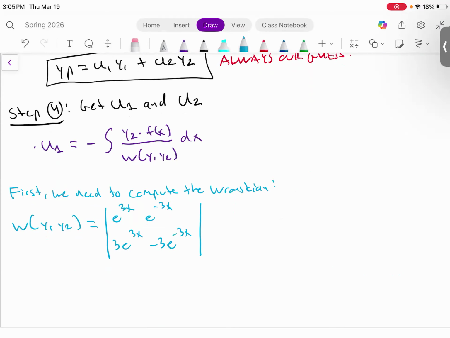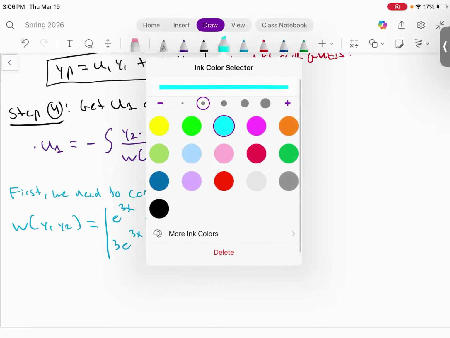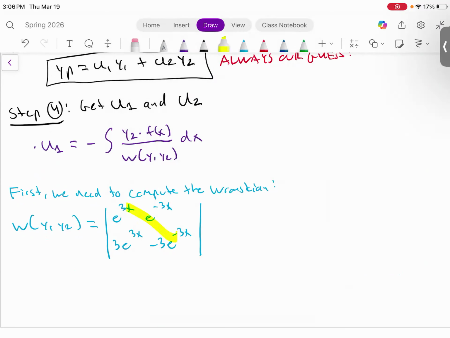Now it's the determinant, so we cross multiply and subtract. We'll do e to the 3x times negative 3 e to the negative 3x minus e to the negative 3x times 3 e to the 3x.